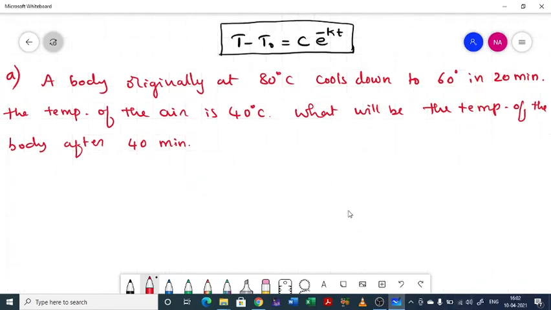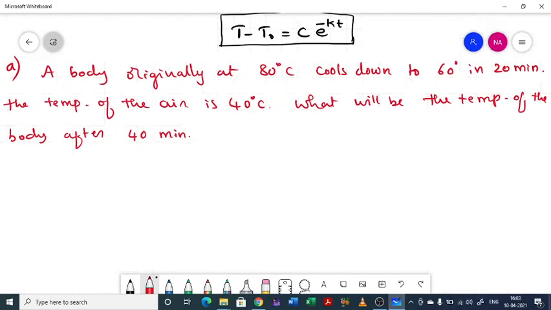So let us solve this one. This is the formula we are going to use. Solution. See, at t equal to 0, the temperature is 80 degrees Celsius. At t equal to 20, it says a body originally at 80 degrees Celsius cools down to 60 degrees Celsius in 20 minutes.